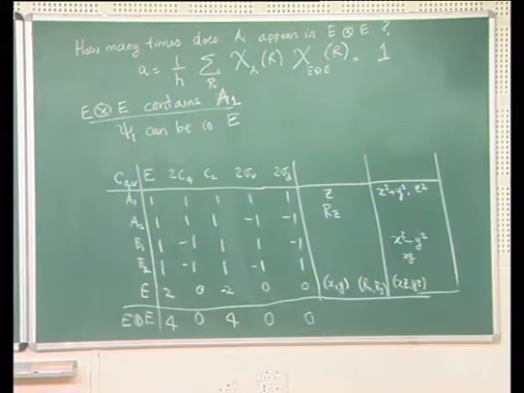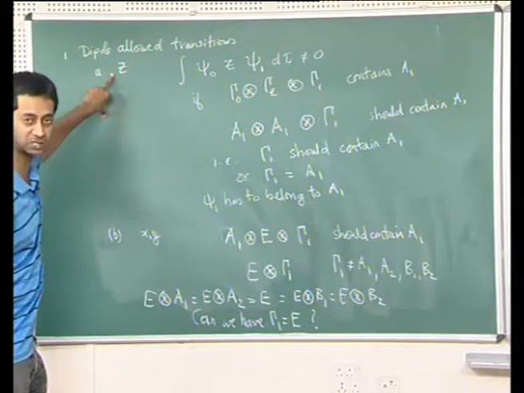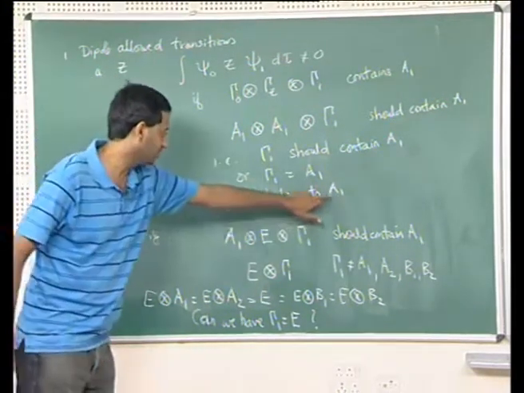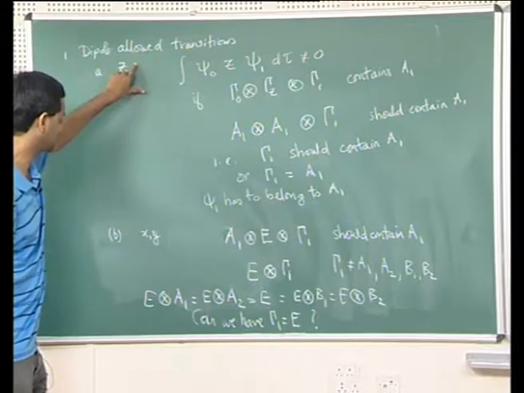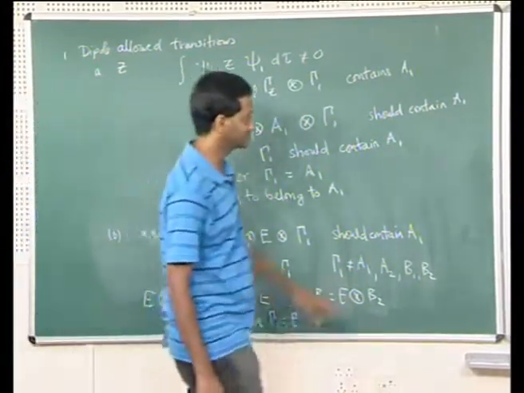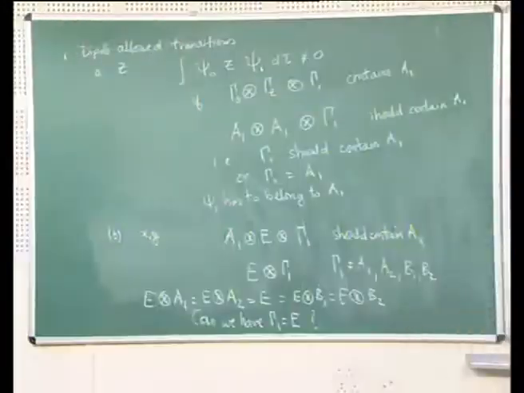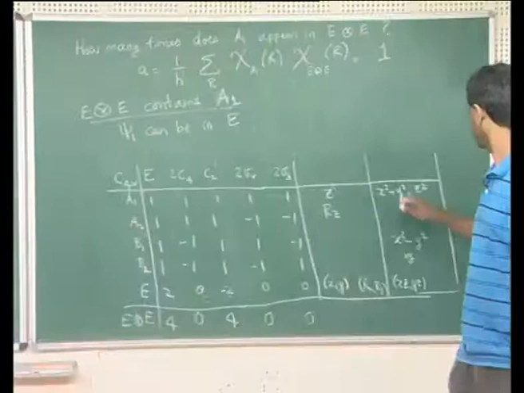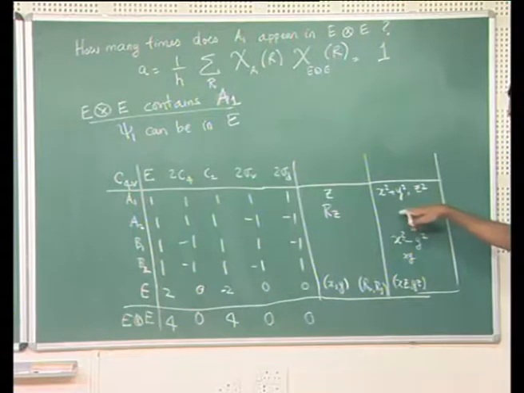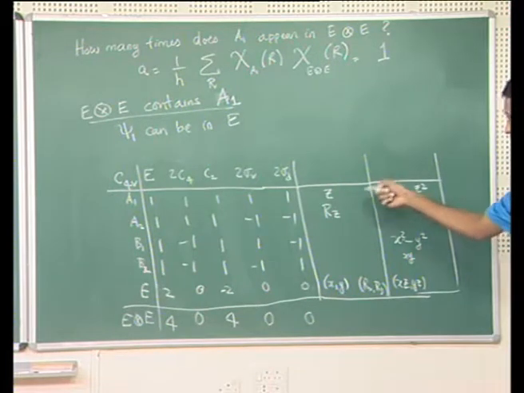So what we conclude from this is that there are two possible dipole allowed transitions. Psi 1 can belong to A1, and that will be a dipole polarized in the z direction, or psi 1 can be E, and that will be polarized in the xy plane. These are the two possible dipole allowed transitions, and just as we did this, we can also find the other transitions, those that are Raman active and so on, by looking at the products to find out which of the products appear in which representations.